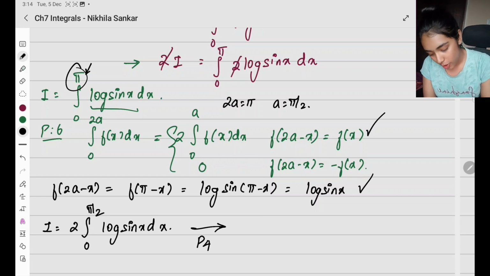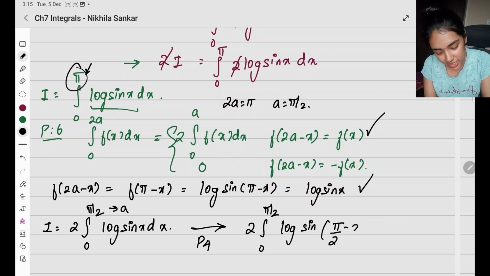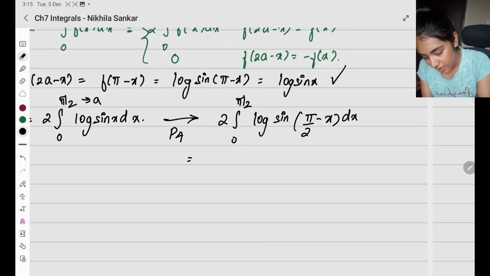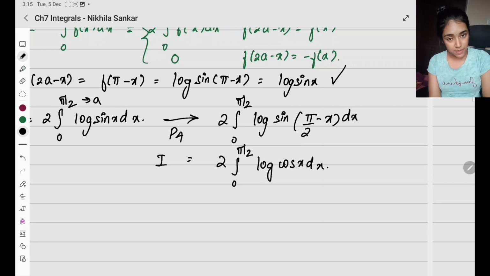Now I can use property number 4 where my a value is pi divided by 2. So I have 2 times integral 0 to pi by 2 log sin of, instead of x I am going to put a minus x, so pi by 2 minus x times dx. So from here I can write my I to be 2 integral 0 to pi by 2 log of sin pi by 2 minus x, which is going to be cos x times dx.